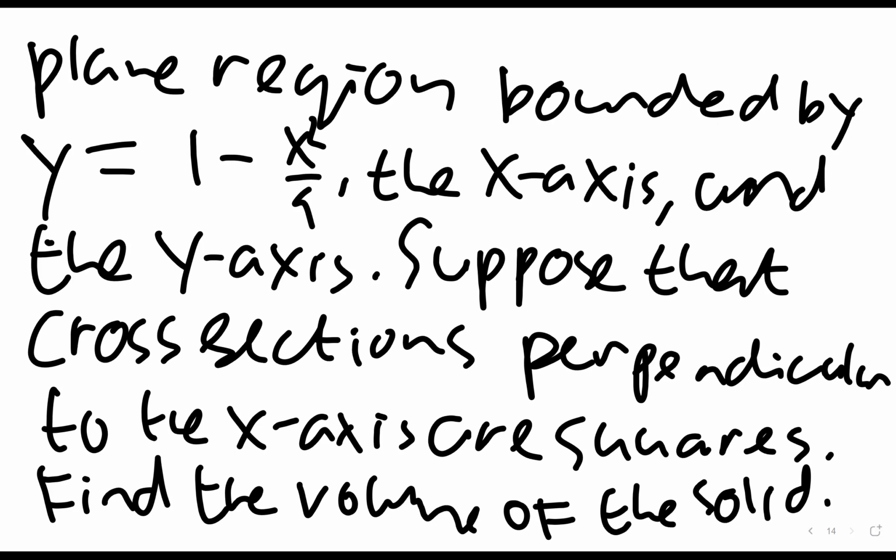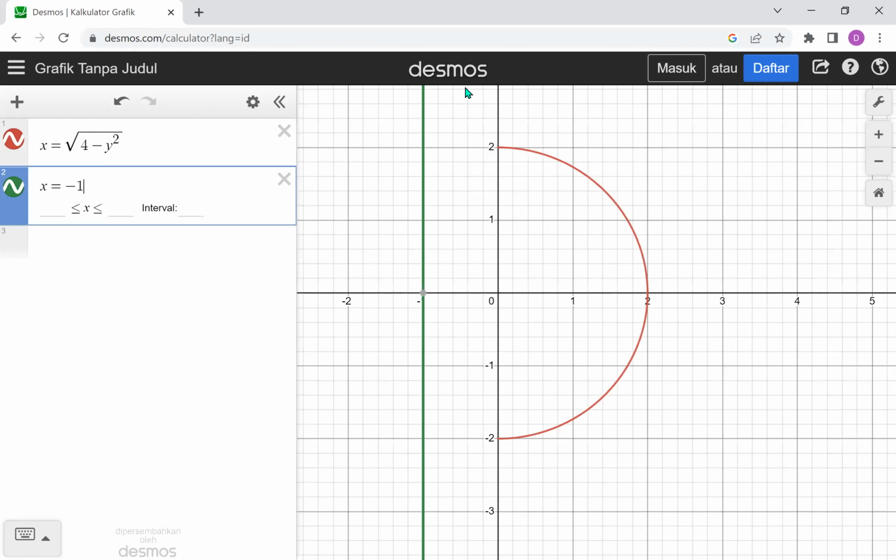Okay, same as before. The first important step will be to sketch the curve and the region. So let us go back to this one. Can you see it? Okay, good.